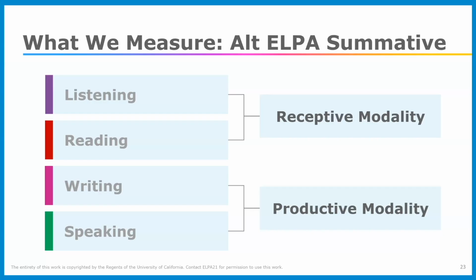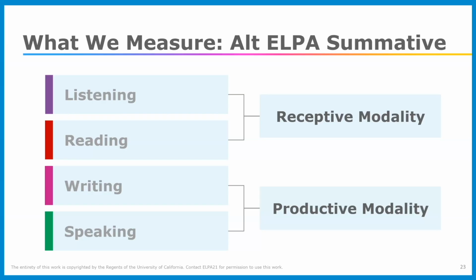The ALT-ELPA summative assessment is designed for English learners with the most significant cognitive disabilities. Because the way these students communicate in English takes many forms, including eye gaze and gestural communication systems, the ALT-ELPA assessments are designed to measure language at the modality level.